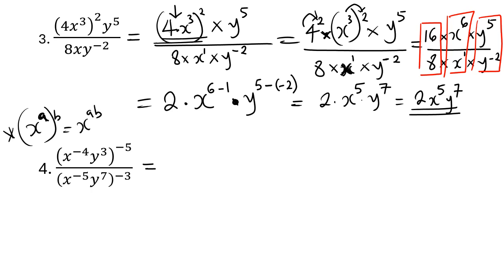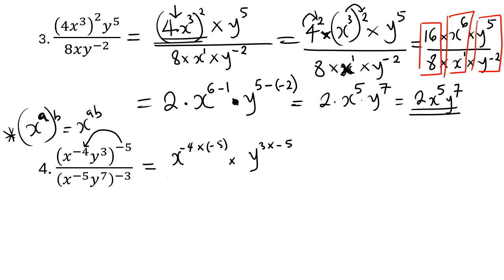So this is the rule I am going to apply right now. I am going to take this negative 5 and multiply that with negative 4. So I'm looking at x to the negative 4 times negative 5, then times, I'm going to go to the y variable, y to the 3rd power times negative 5.